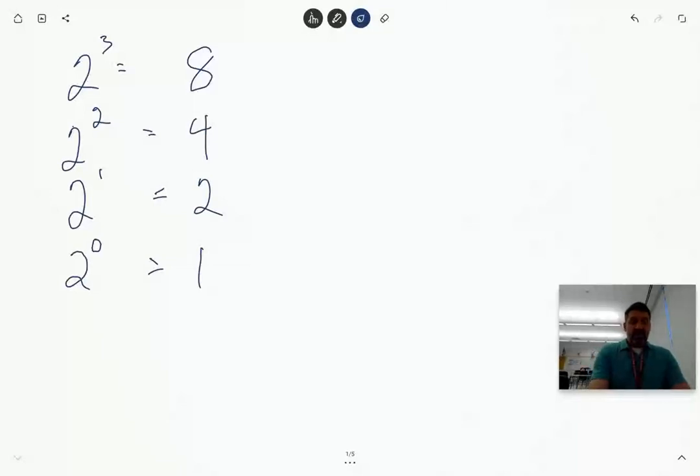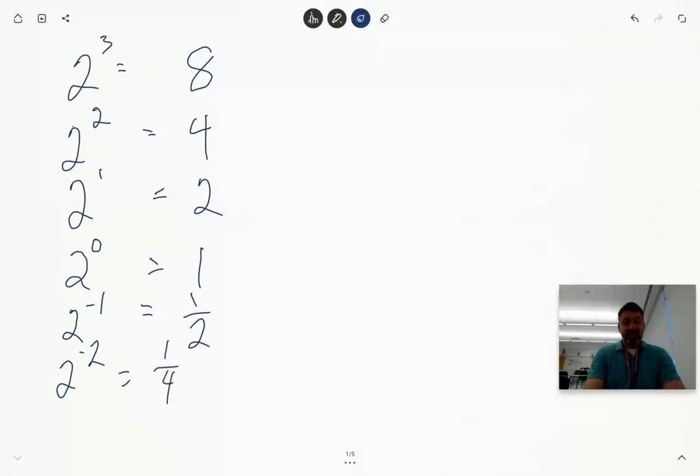Okay, and then along those same lines, 2 to the negative 1 is half of that, or 1 over 2. 2 to the negative 2 is half of that, or 1/4.